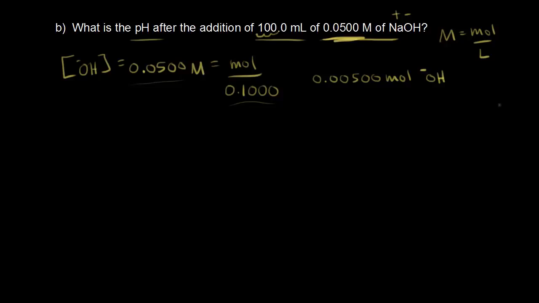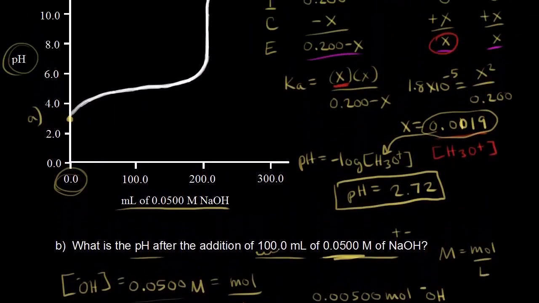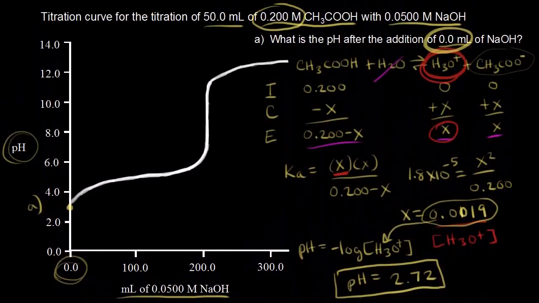How many moles of acid did we originally have present? Let's go back up here to our titration curve so we can see those numbers. So we were starting with 50 milliliters of 0.200 molar acetic acid. Let's figure out how many moles of acetic acid we started with here.